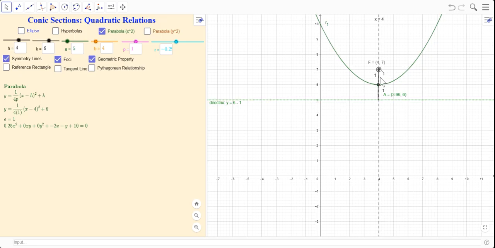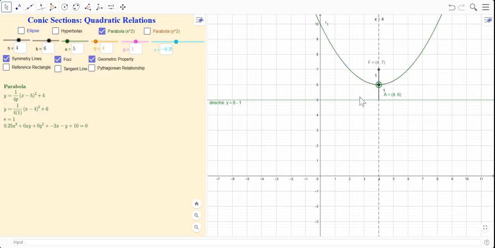So you have a point, the focus, and the directrix, and the distance from any point on the parabola to the focus is the same as the distance from that point to the directrix. So in particular, that means the distance from the vertex to the focus and the vertex to the directrix is the same distance.